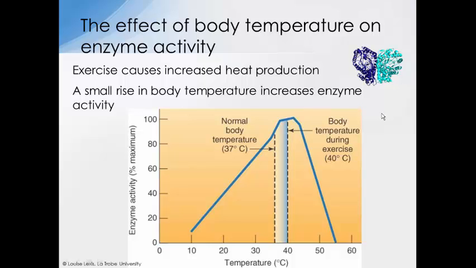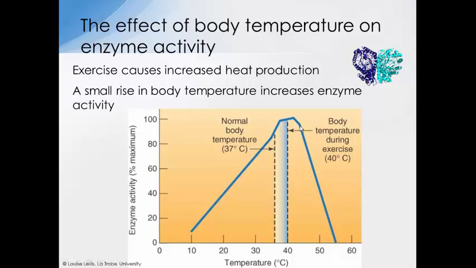Now, the phenomenon to explain that is with increased heat, you get increased random movement of molecules, and that increases the chance that the enzyme will collide with its substrate and cause that substrate to be converted into product. So with increased heat, we get increased enzyme activity.